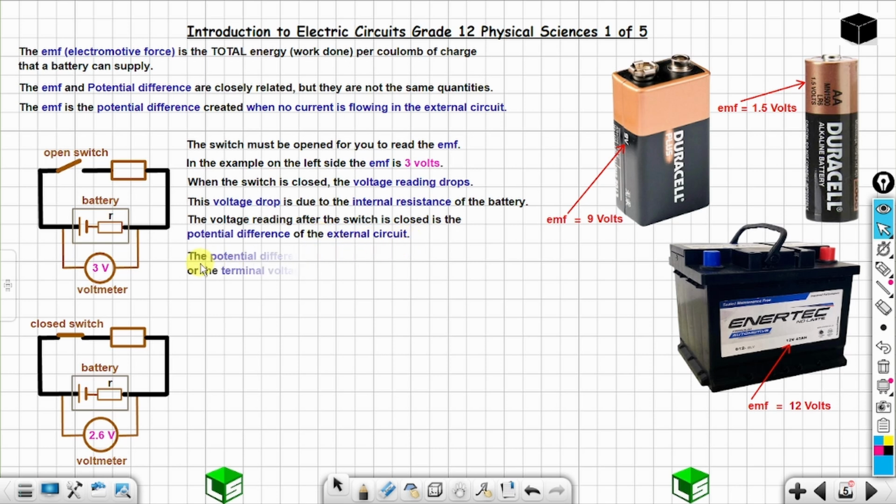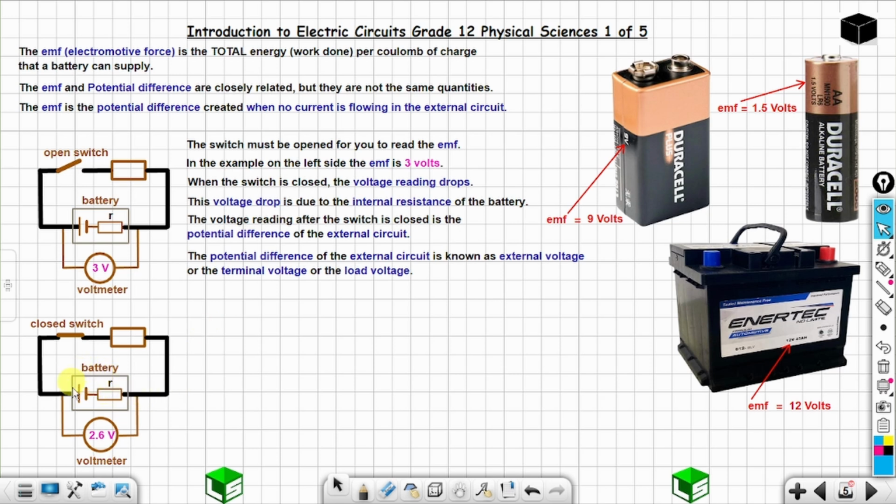Okay, so the potential difference of the external circuit is known as external voltage or the terminal voltage or the load voltage. You can think of it this way. External meaning outside of the battery. External or terminal meaning your terminal point.